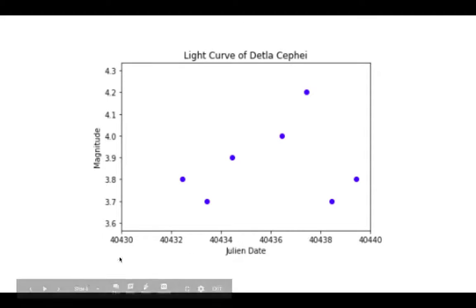The range of our observation was 10 days, but it appears that the period is around 7. But this is just a guess. This isn't actually our precise period. This is just a visual estimate. And the magnitude during this ranges from 3.6 to 4.3.